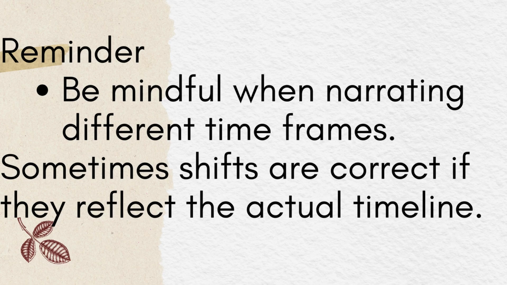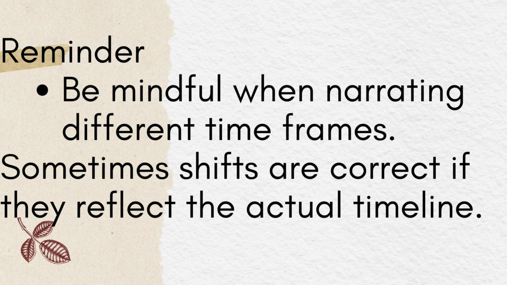Ask yourself, are these actions happening at the same time? If they happen at the same time and different verb tenses are used, it is automatically an inconsistent verb tense. So use the same tense if it happens at the same time. Another question you should ask yourself is, are these actions happening at different times? Because if they happen at different times, use different tenses to show sequence.